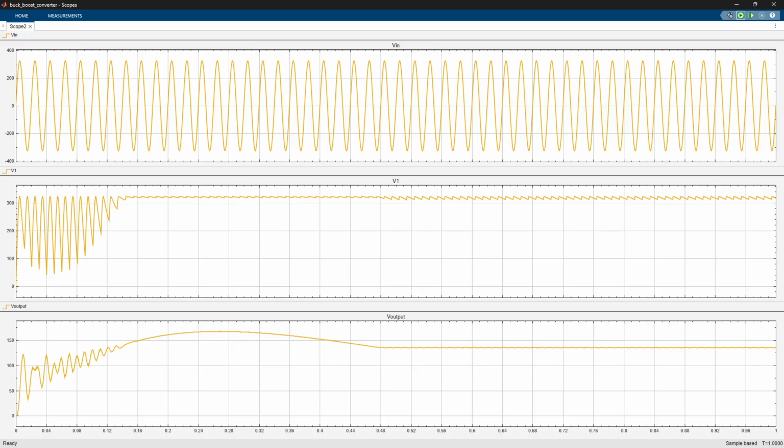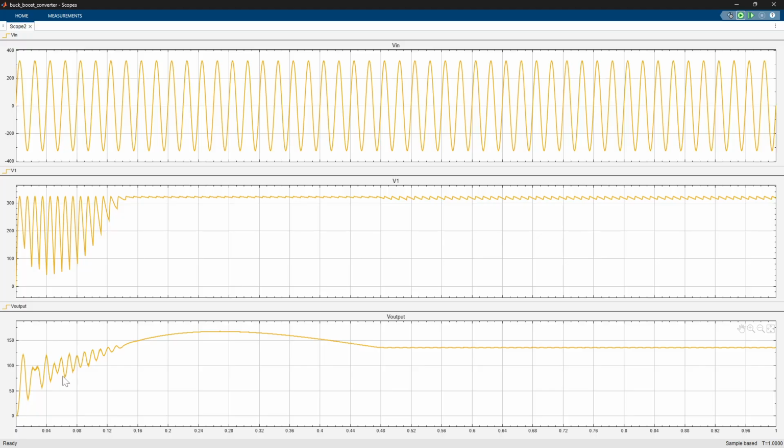We can see at stage 1, while initial rise, there is an oscillation from 0 to around 0.02, 0.03 seconds. So what you see is a fast voltage rise, right? And there is also an oscillation and a ripple, and there is undershoot and overshoot.